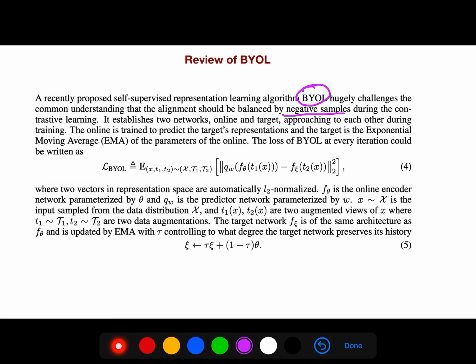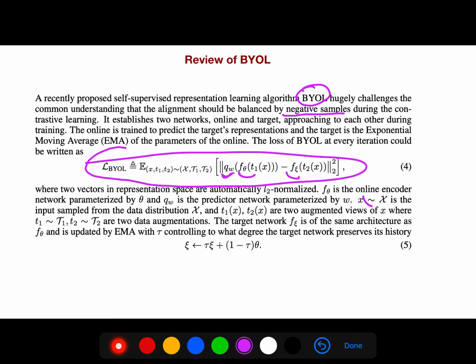The loss of the BYOL model at every iteration is this expectation, where two vectors in representation space are automatically L2 normalized. This f theta is the online encoder, parameterized by theta, and q is the predictor network, which is parameterized by w.